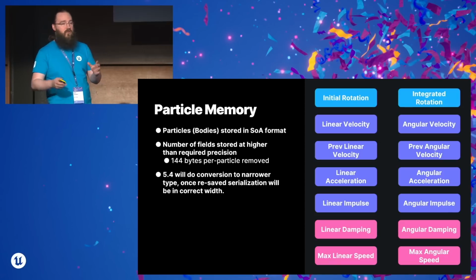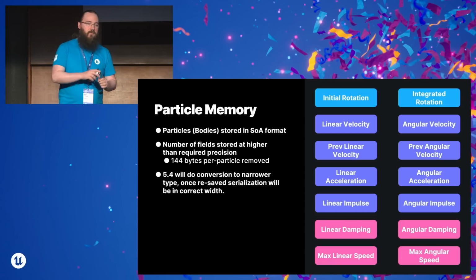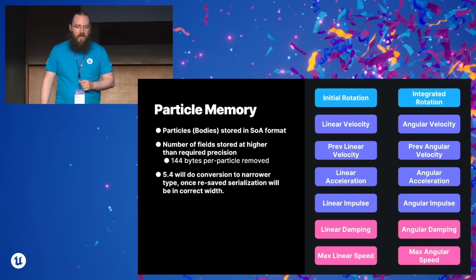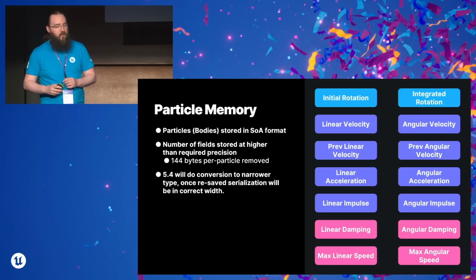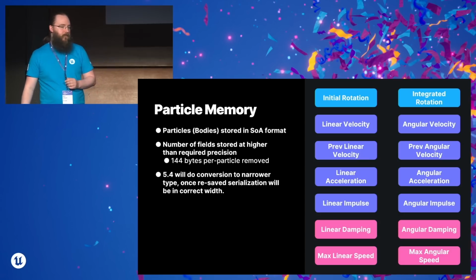Overall, it saves about 144 bytes per particle for every particle in every physics scene. Which, when you've got thousands and thousands of shapes, is quite a decent saving. In 5.4, we'll convert all of these types in place because they may have been saved inside some physics structures. Once they're saved again, everything will be in the narrower format going forward.